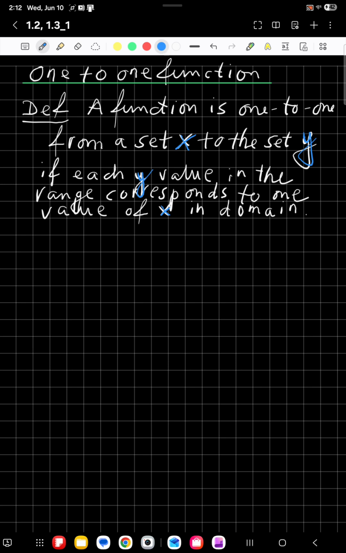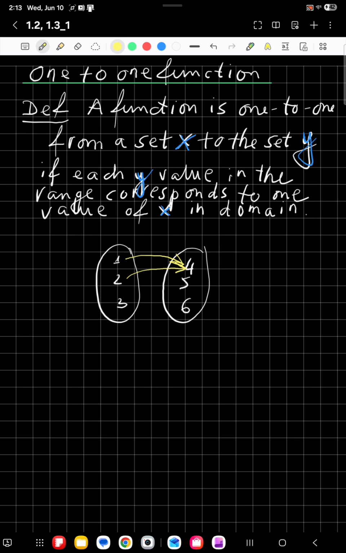So here you go. Not one-to-one. We have some set of x's, 1, 2, 3, and then a set of y's, 4, 5, and 6. Let's say that 1 goes to 4, and 2 also goes to 4, and then 3 goes to 5.